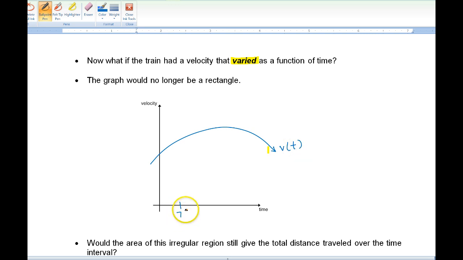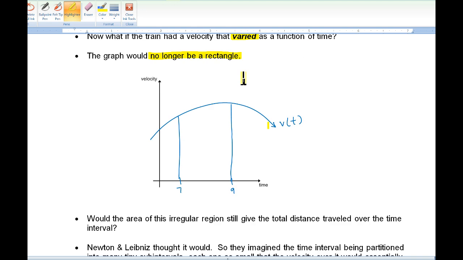And we'll say we still want to consider it from 7 to 9, but if we look at the area, it's no longer going to be a rectangle. So would the area of this irregular region still give the total distance traveled over the time interval?